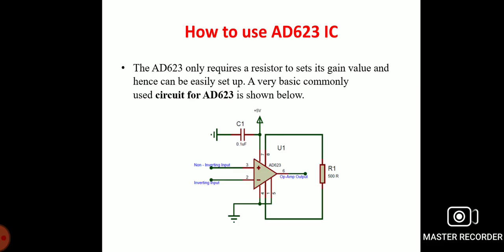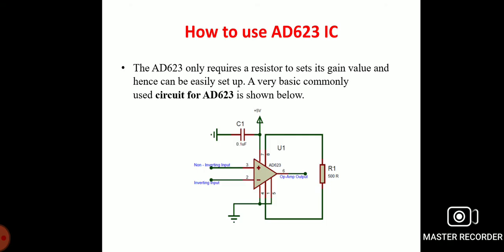If a dual supply voltage is used, pin 4 will be provided with negative voltage, and the inverting pin number 2 and non-inverting pin number 3 are connected to the signal which has to be amplified or compared based on the application of the op-amp.